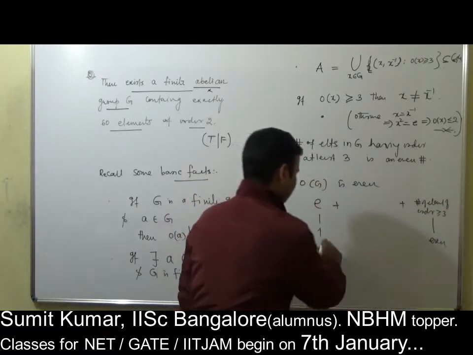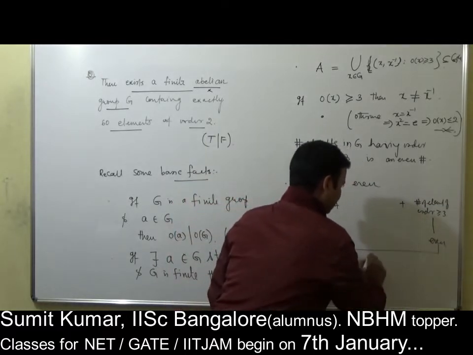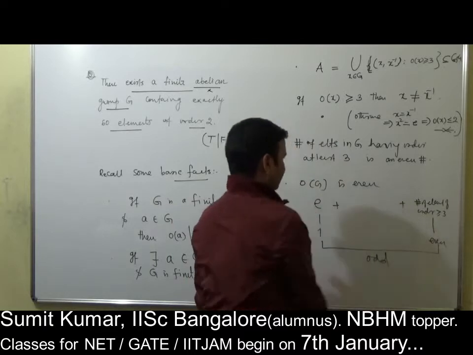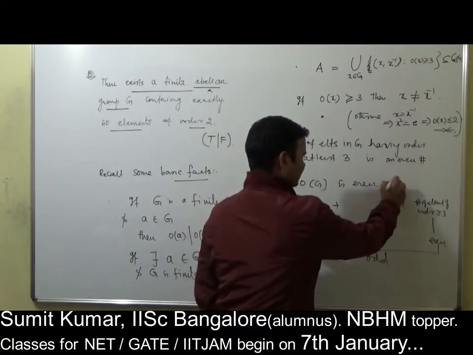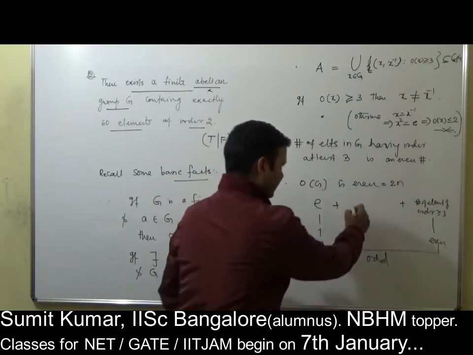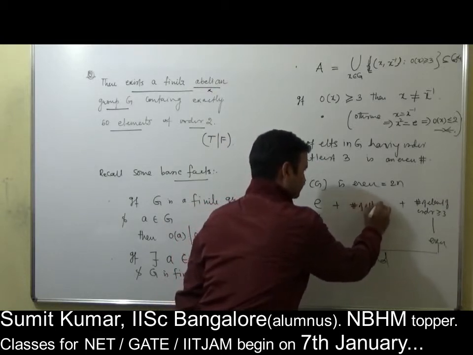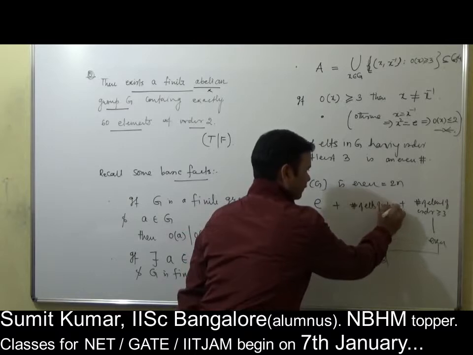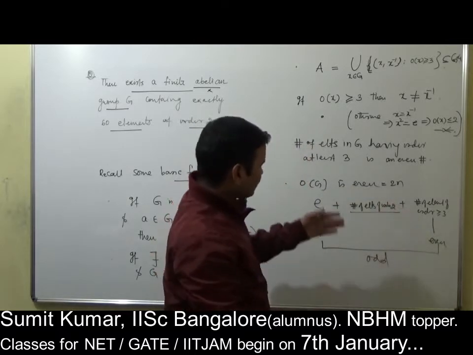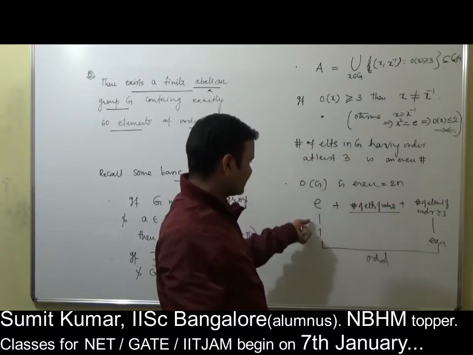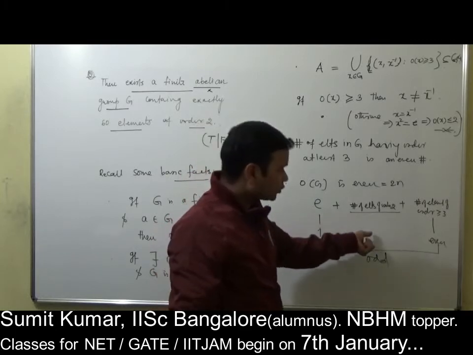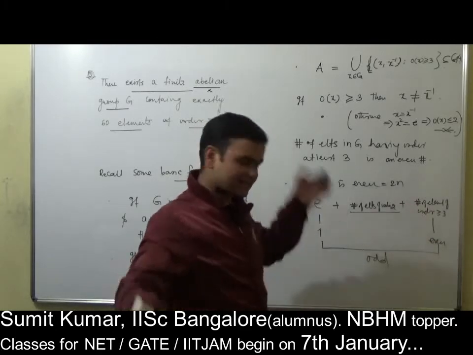So 1 plus even, what is that? And the group order is even, so it is like 2n. So what is in the middle? This will be the number of elements of order 2. Exactly. Because any element you pick from the group has order either 1, or 2, or at least 3. These are the 3 choices.